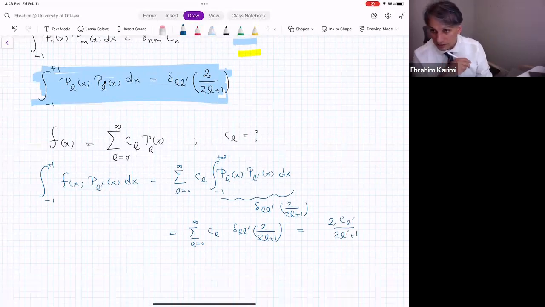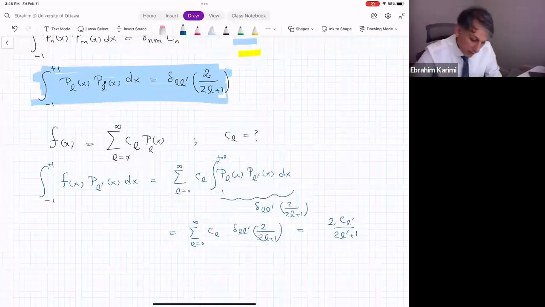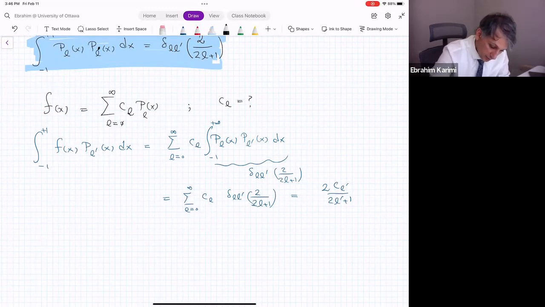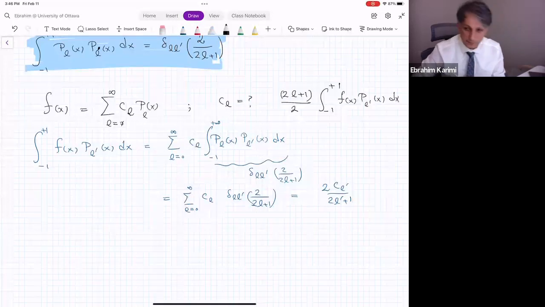It's a Kronecker delta, by the way. So then the expansion coefficient, which we just discussed, is given by 2L plus 1 divided by 2, integral from -1 to +1 of f(x) P_L of x dx.